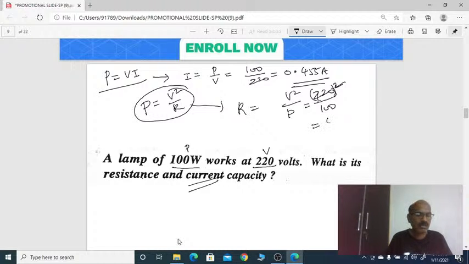You will get 484 ohm. So keep the answer in mind: current 0.455 ampere, resistance 484 ohm is the correct answer.